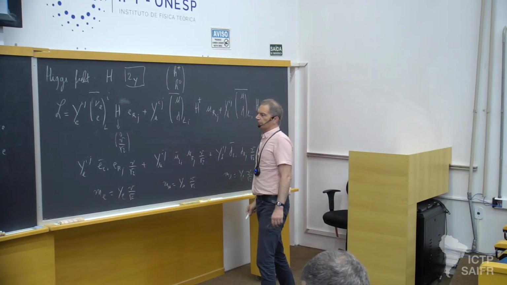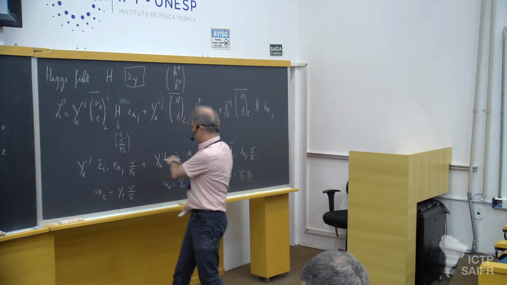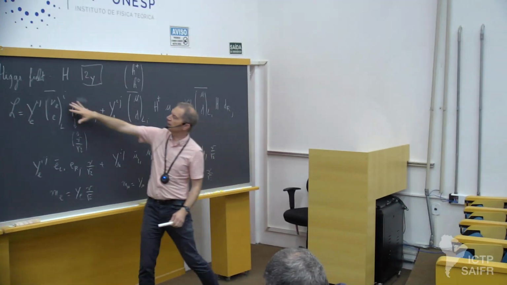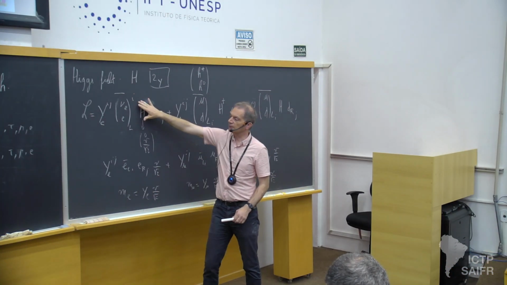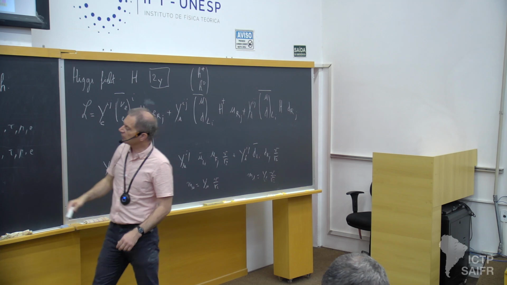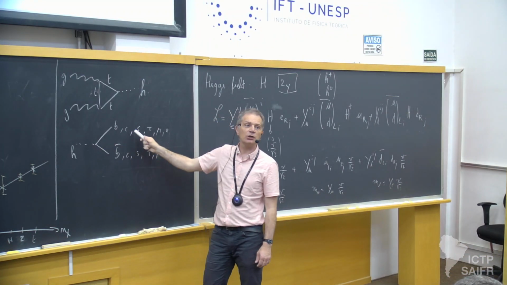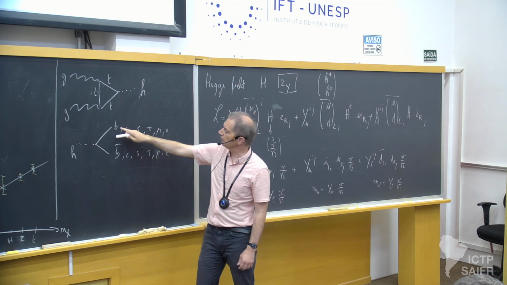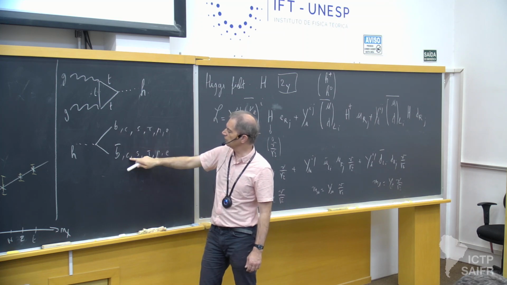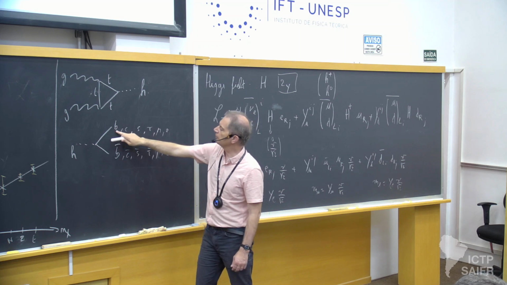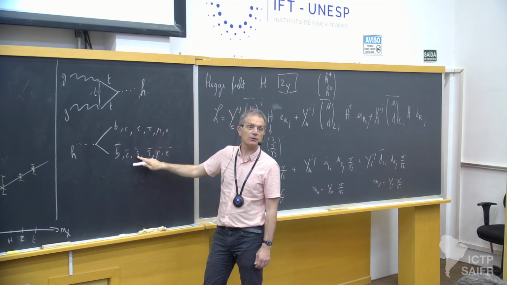One thing which is remarkable, and that's something we will figure out tomorrow when we look at those interactions in the flavor space, is that the Higgs interactions are diagonal in the flavor space. So we couple B to B bar, C to C bar, whatever, but it doesn't couple bottom with strange.